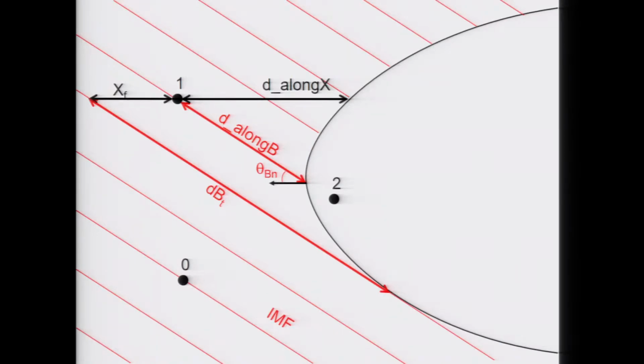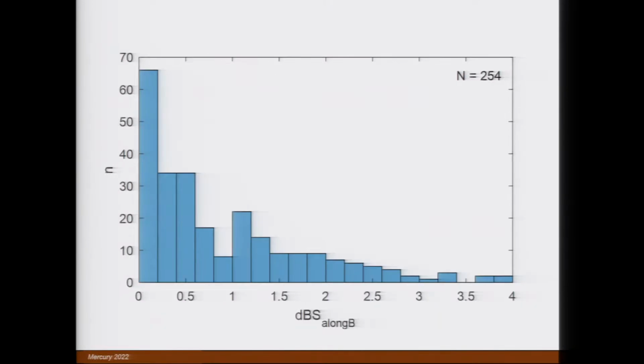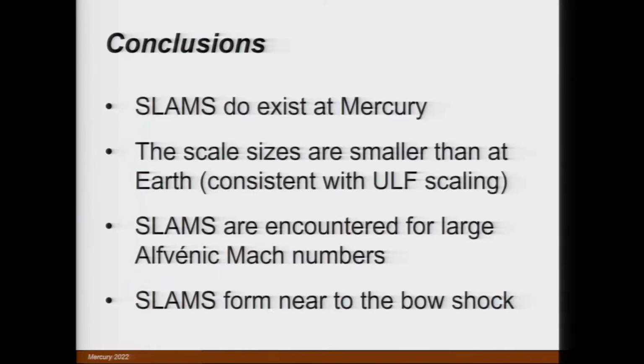And okay, I'm basically going to stop there. I'm going to show some other results at a later presentation. We can now go on to have a look at the detailed properties of these structures, but I think I'll just drive home the main point here. We do see SLAMS at Mercury, and they're less common than at Earth simply because the Mach number is typically much lower at Mercury, but sometimes the Mach number can be high enough.